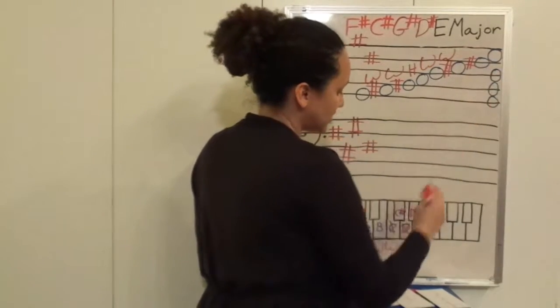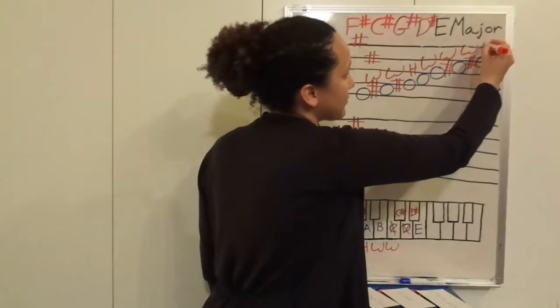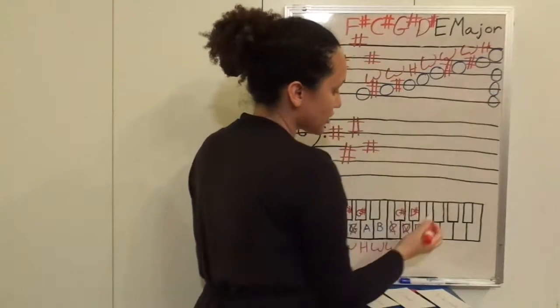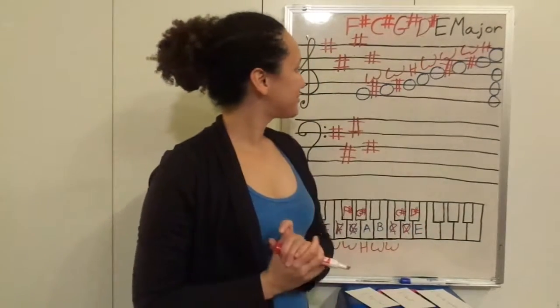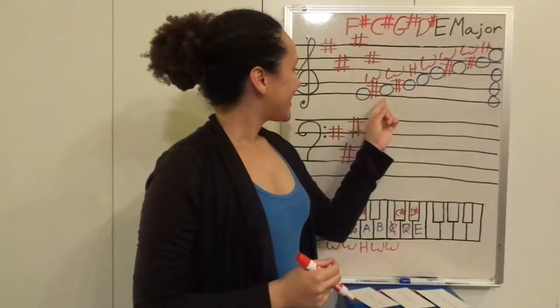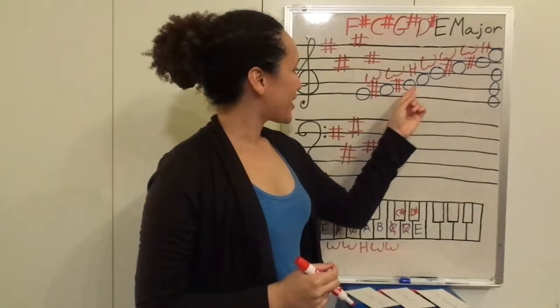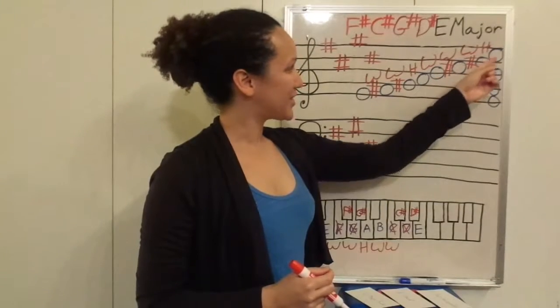C sharp to D sharp has the D in between, so that's a whole step. And then finally, D sharp to E is our half step to top it off. There we are. E, F sharp, G sharp, A, B, C sharp, D sharp, E.